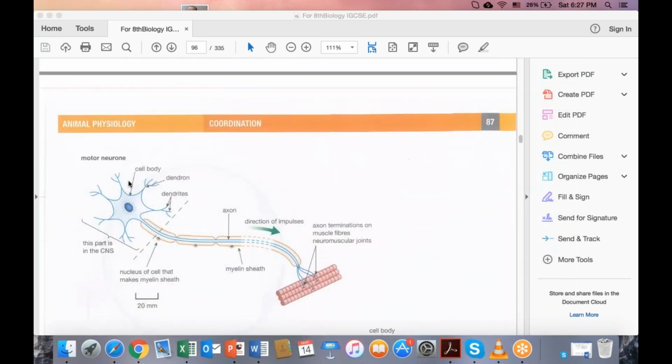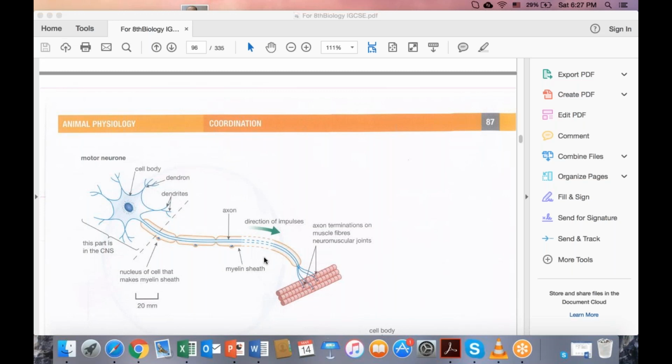So the dendrite gets nerve impulse, and it sends the impulse by using the axon to the effectors. Also there is a yellowish part, we call it myelin sheath. It insulates the axon and avoids movement of the nerve impulse to the outside. It keeps the nerve impulse in the axon.